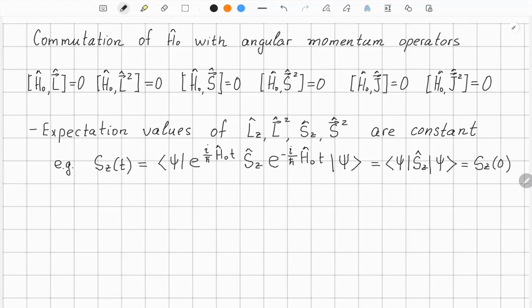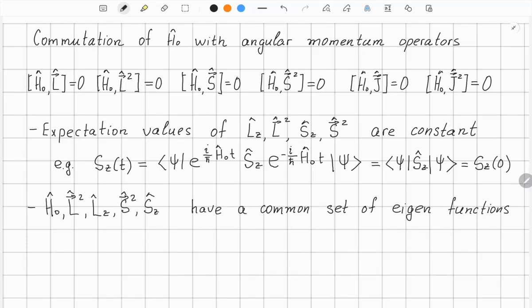From general quantum mechanical principles, we know that for commuting operators, it is possible to find a common set of eigenfunctions. In our case, it is important to note that we can choose a basis in which H0, L², Lz, S², and Sz are diagonal simultaneously.